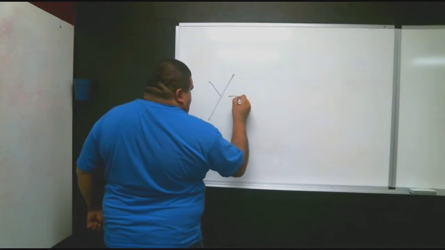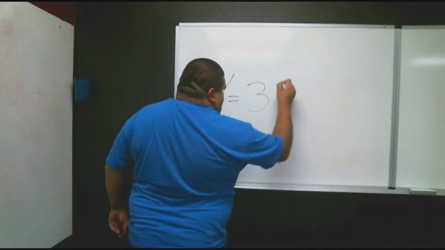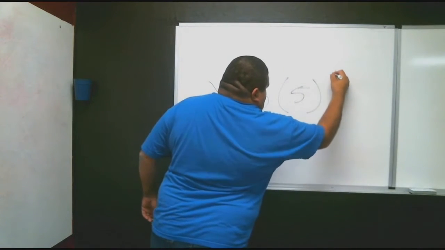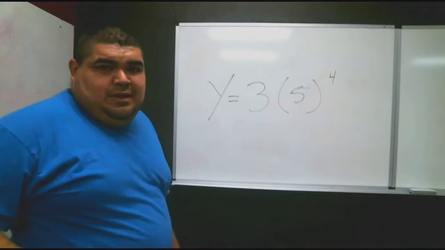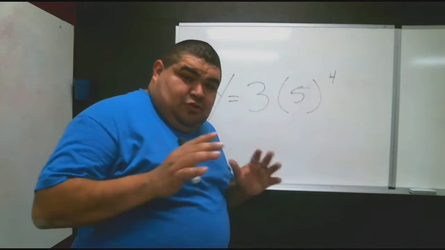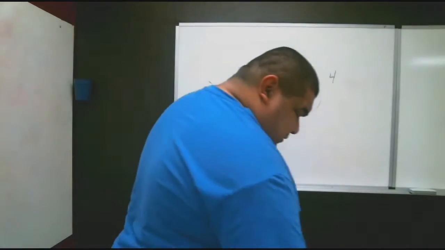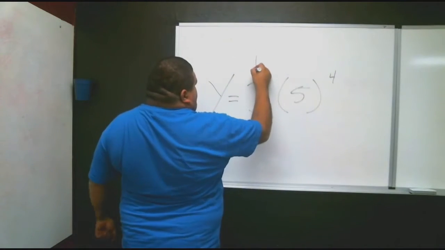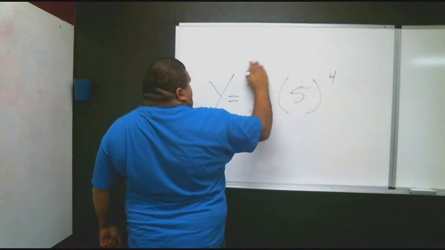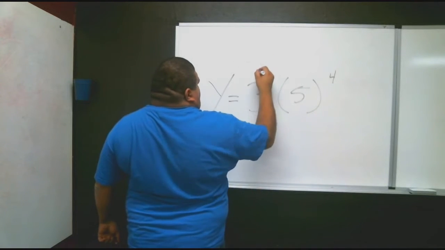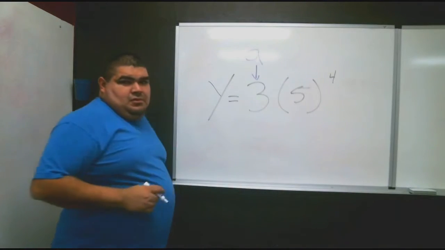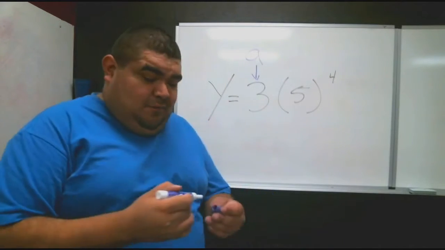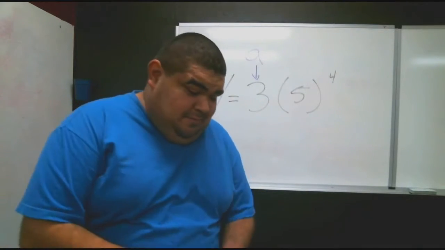We have y equals, again, 3, 5 to the 4th power. The first number in this equation is a. That's what I mean with the equation y equals ab to the x power. The first one is a.